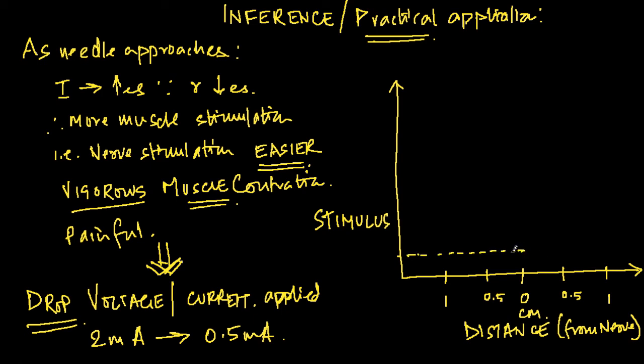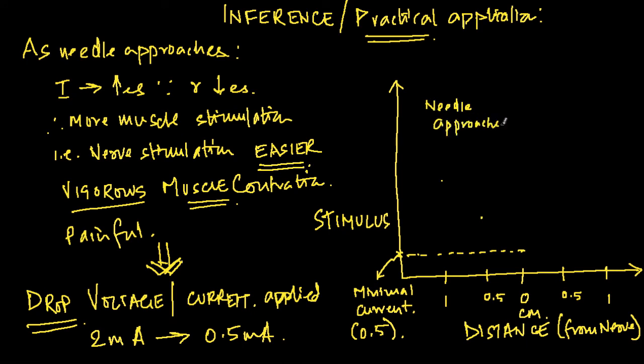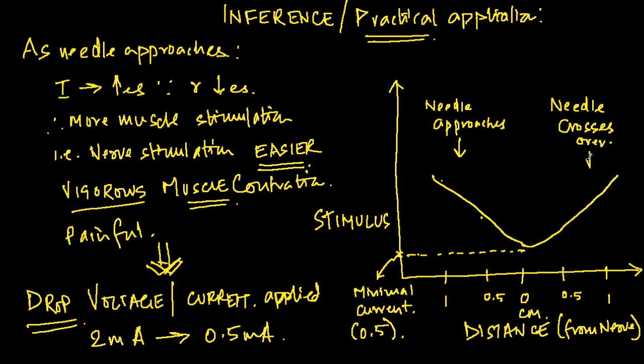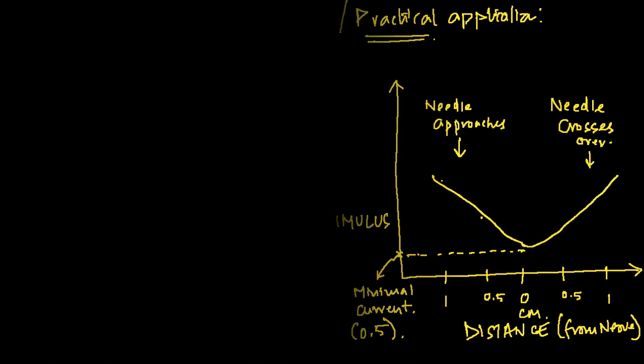It's not very difficult to understand that when the needle and nerve distance is minimal, say 0, you're going to need the least amount of current to stimulate the nerve, which is commonly accepted in practice to be about 0.5. And as we go away from the nerve, you're going to need more current. So when a needle approaches from far away, the current required quickly decreases. And as the needle crosses over and overshoots, again we need more current to stimulate the nerve.